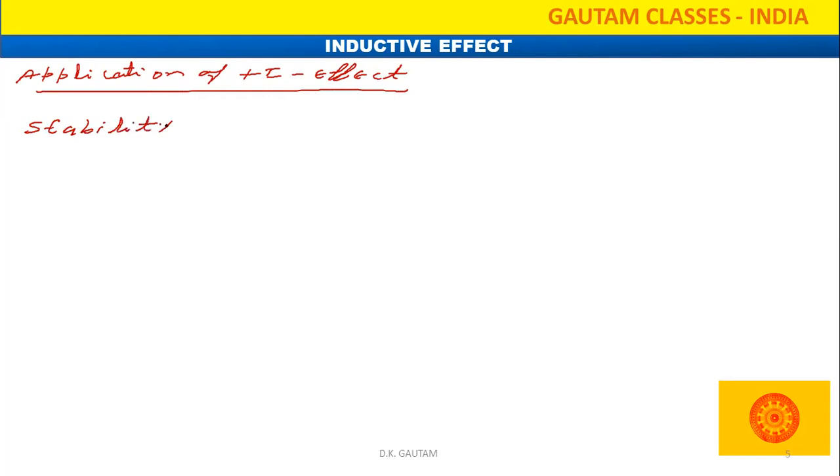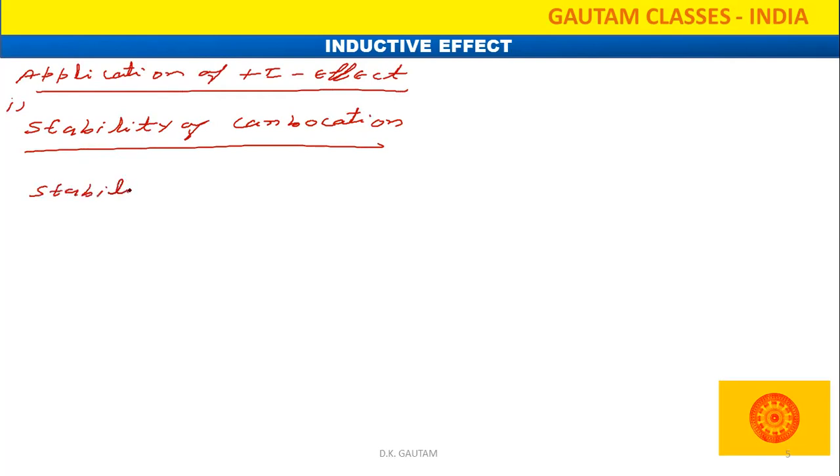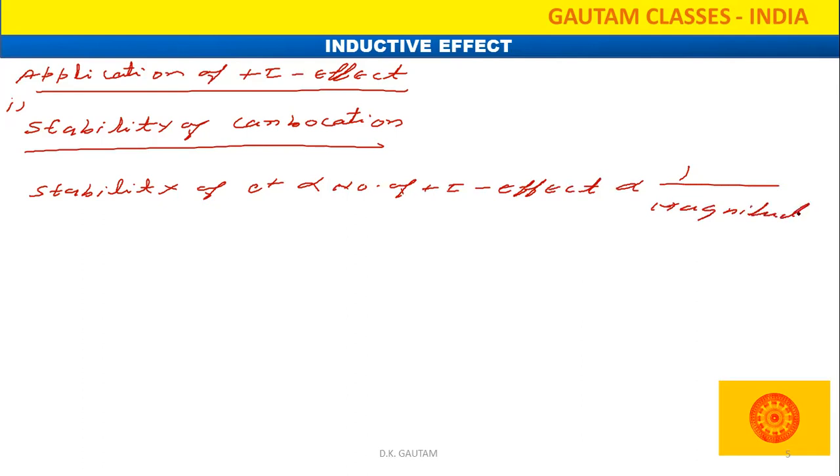Stability of carbocation is directly proportional to the number of plus I effects, and inversely proportional to the magnitude of positive charge on the carbocation.